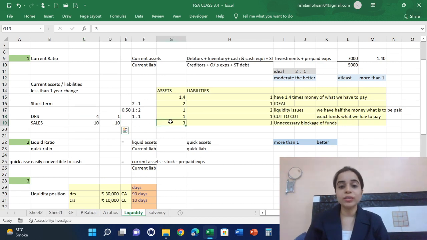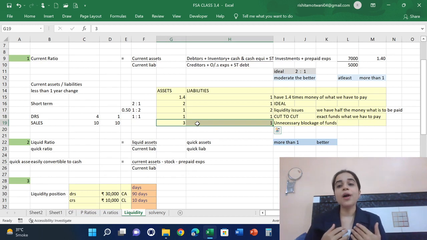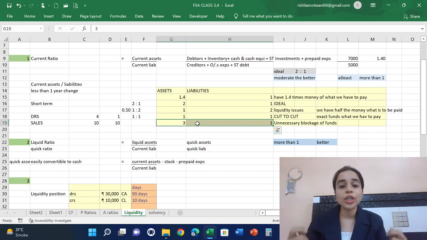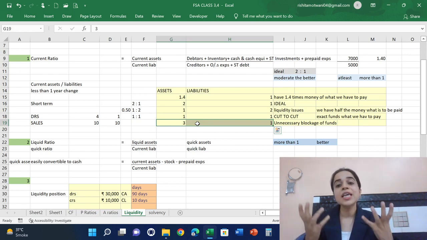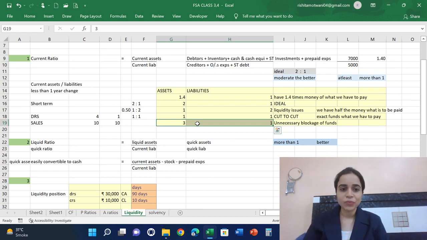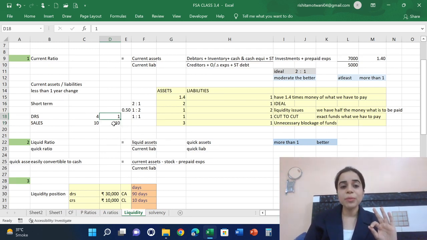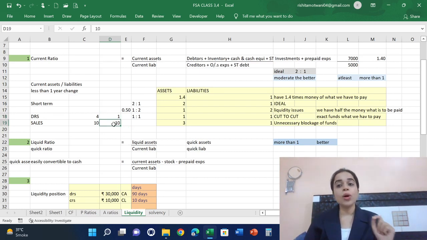The same thing applies in the current ratio. If the assets are 4-5 times its current liabilities, then it is unnecessary blockage of funds. The company is not able to utilize its funds efficiently. Company B has used its funds in the most efficient manner, invested the minimum and gotten a good amount of sales. So this was all about the current ratio.